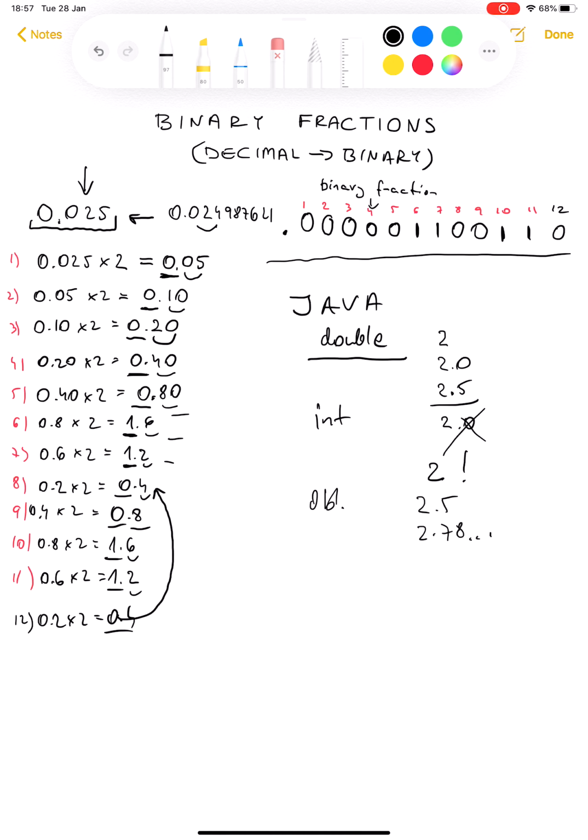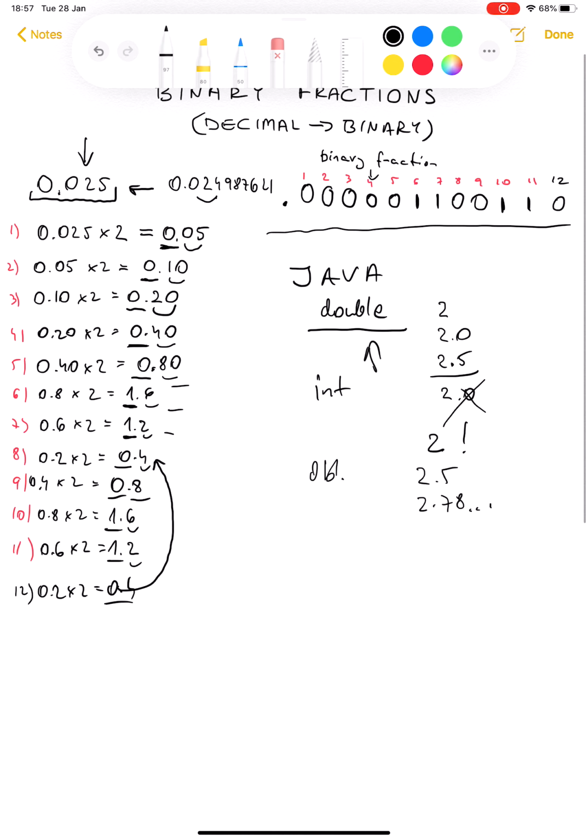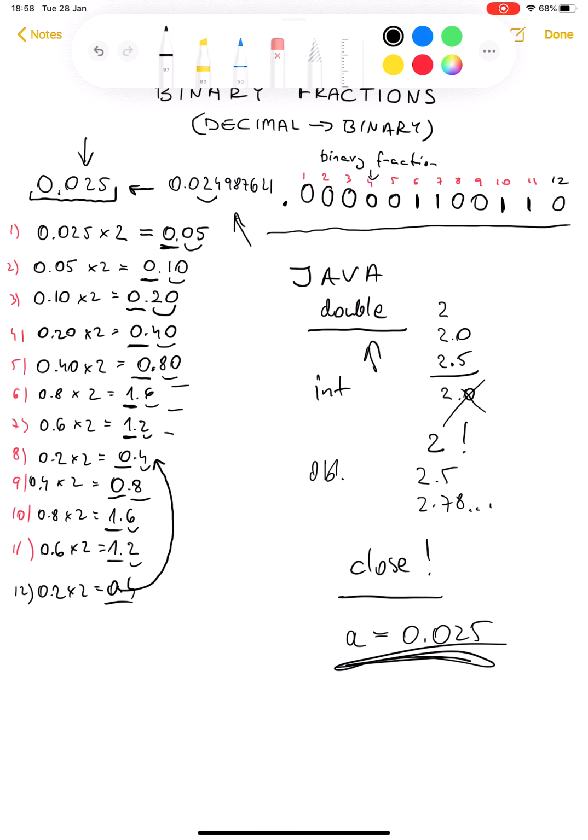And if you go deep into that kind of type and fractions, you might notice that we have the same rule as here, because we might never get exactly to that value, but we can be close to it. So sometimes we have to check conditions, not like a equals 0.025, but if a is close to that number, we have to compare it.